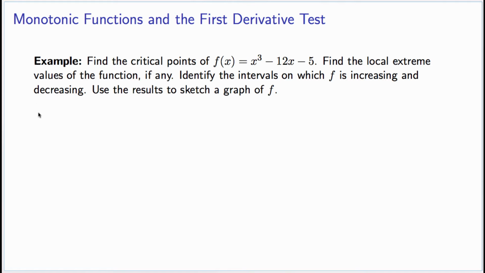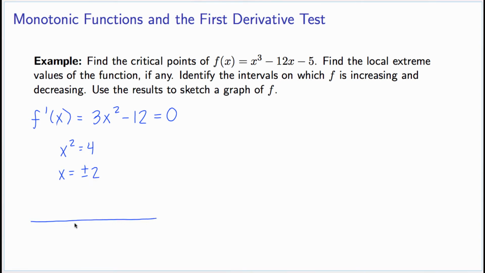So the first thing we did was find the intervals where this function is increasing and decreasing. We took our derivative and got 3x squared minus 12, and then we wanted to set that equal to 0. That gave us x squared is equal to 4, so x is equal to plus or minus 2. We then set up our sign chart. Again, this is one of the previous examples that we had done.